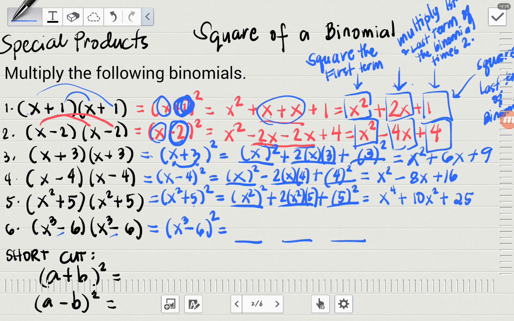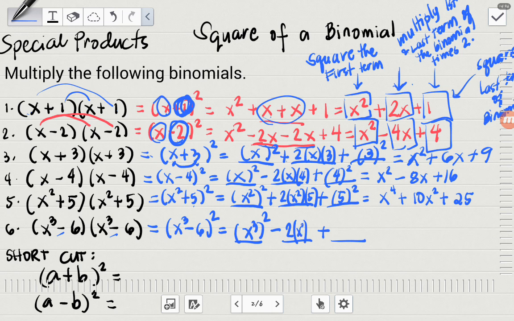Para makuha si first term, i-multiply sa kanyang sarili ng dalawang beses ang first term. So, square of x cubed. Dahil minus to, plus to. So, multiply na lang si x cubed times 6 times 2. Kasi nga, diba, twice.